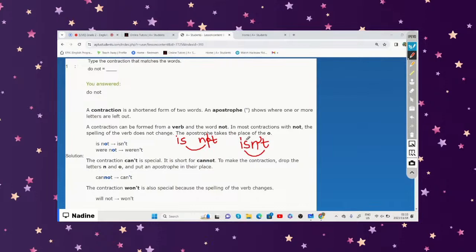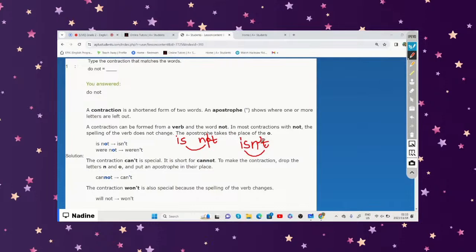The apostrophe is taking the place of the O that we had removed. Remember not, so we need to add the T at the end. Yes, well done. So is not, if we shorten those words, is isn't.